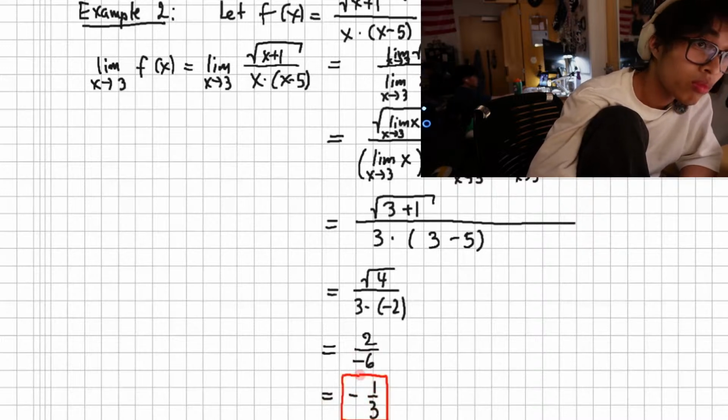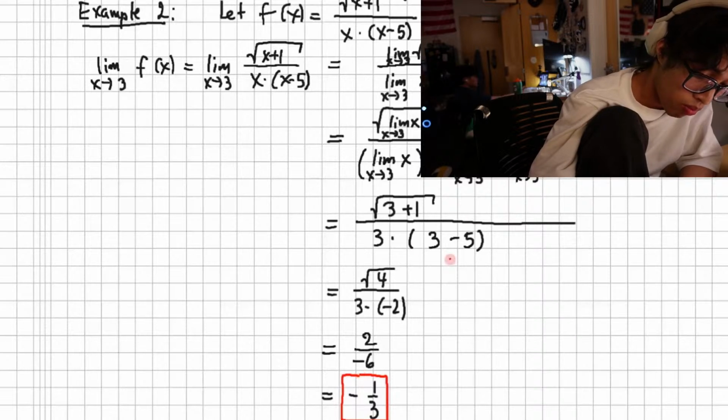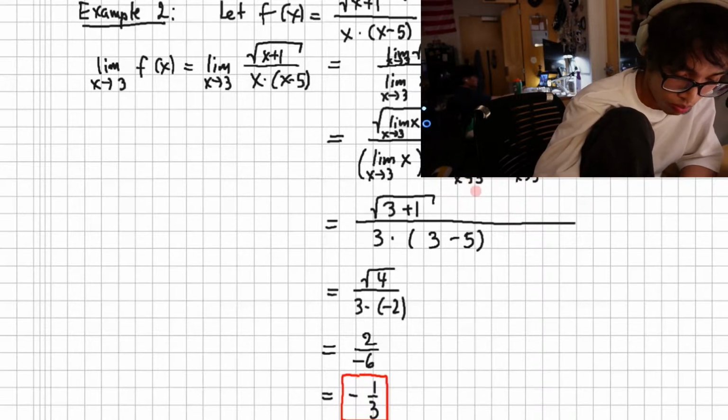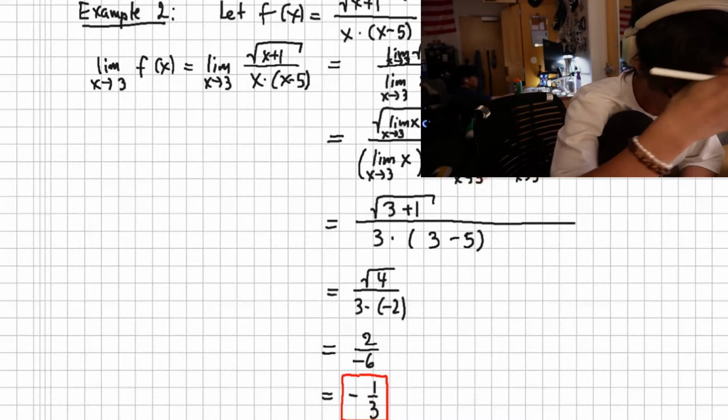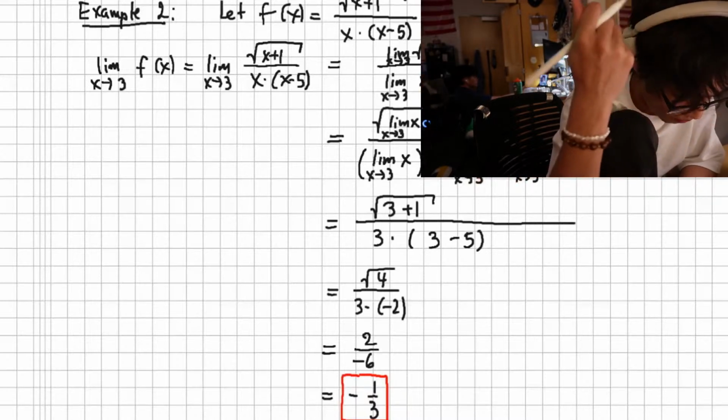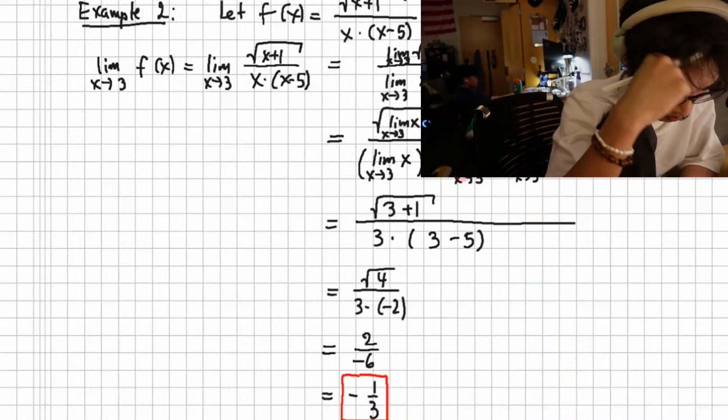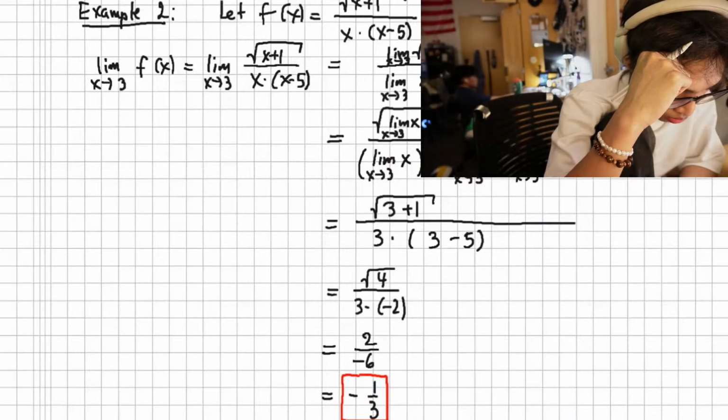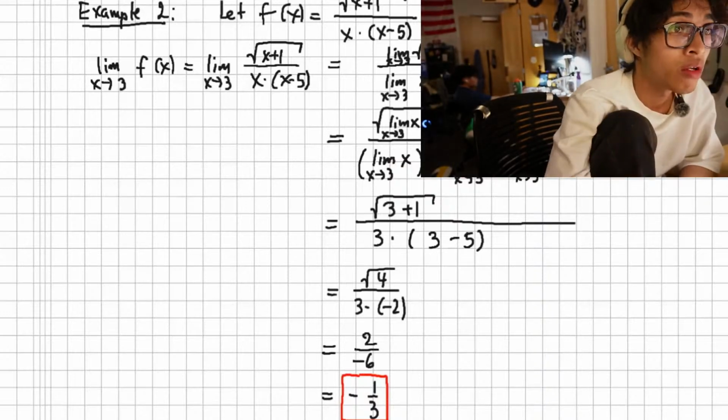Again, we need to justify the steps, and that follows from the same reason as before. This limit exists, therefore this limit of the difference exists, this limit exists, therefore the limit of the product exists, and so on.